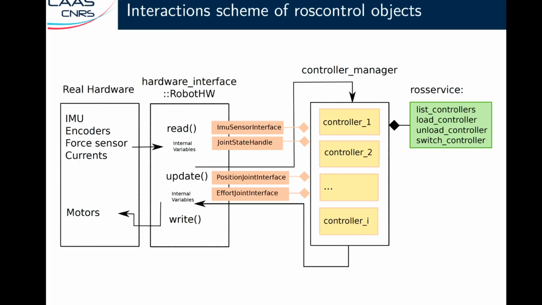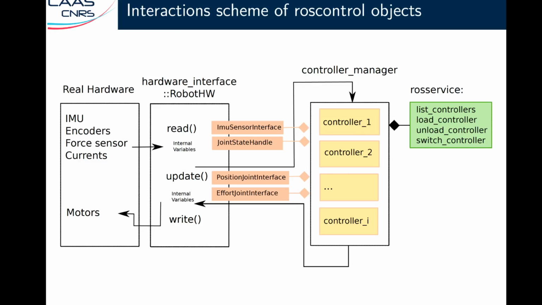The controller will then compute a command, specified through this interface, which will change internal variables. Then those internal variables are written and sent to the motor, again in a way completely hidden to the user, who does not care about it on the control side.